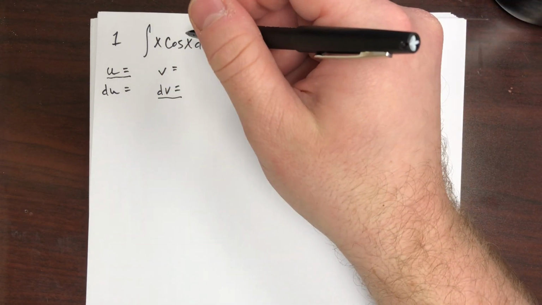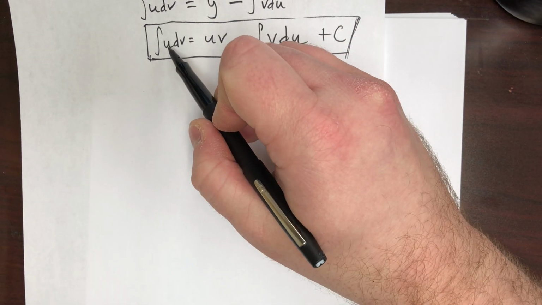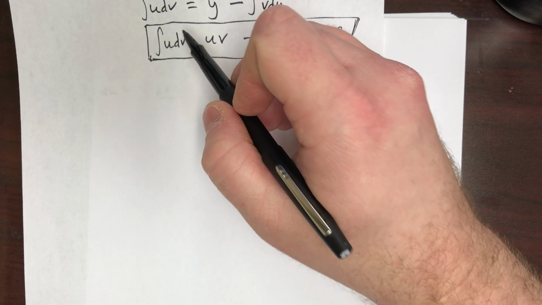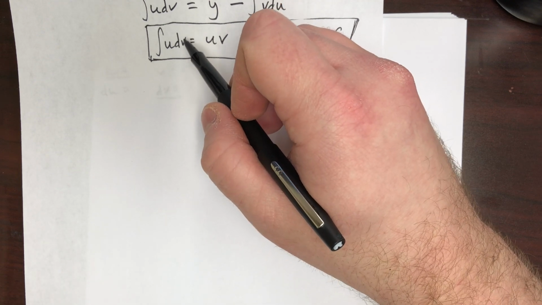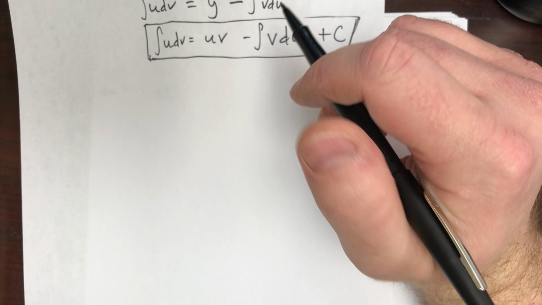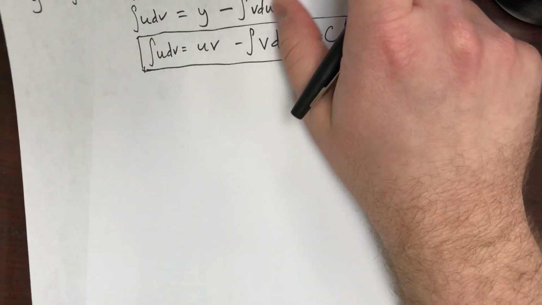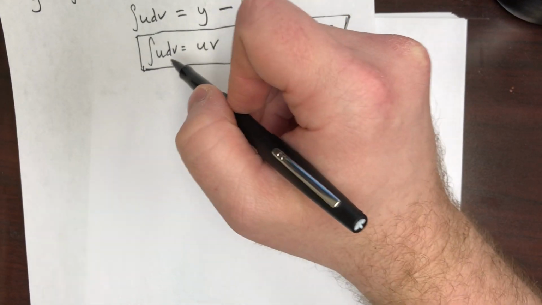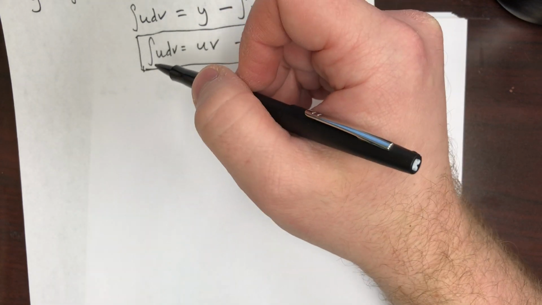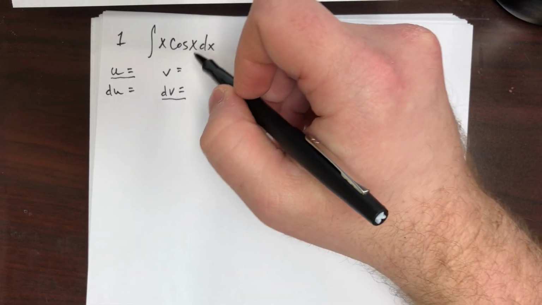If you go back and look at the formula, it says the integral of u times dv, that's like the derivative of v, essentially. So if we can take the antiderivative of one of these, that's going to be v. Now I can take the antiderivative of either one of these pretty simply.